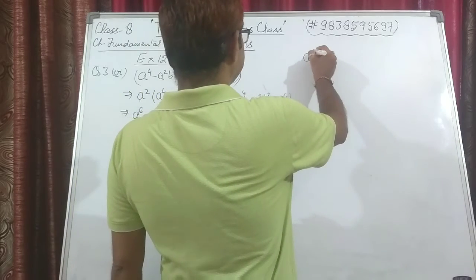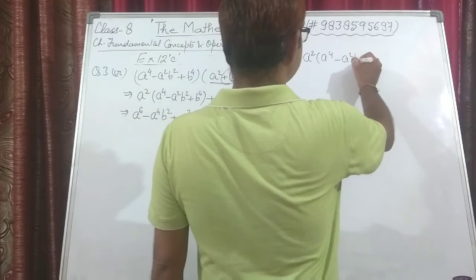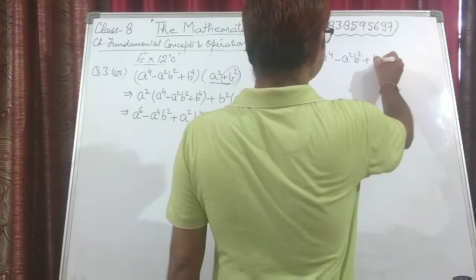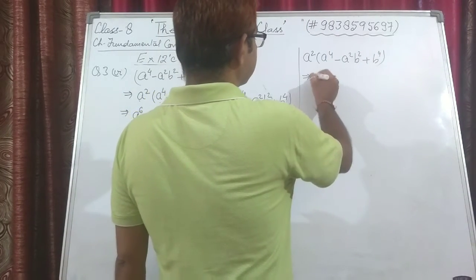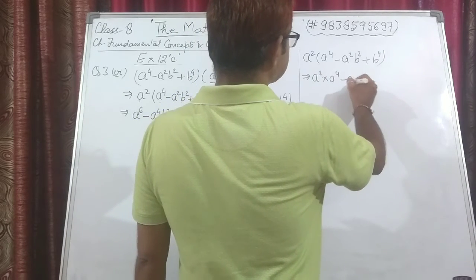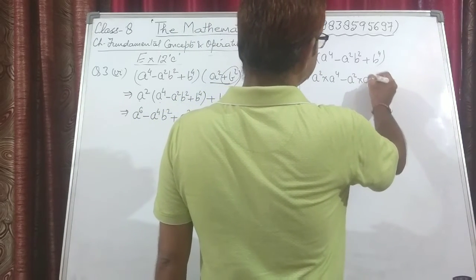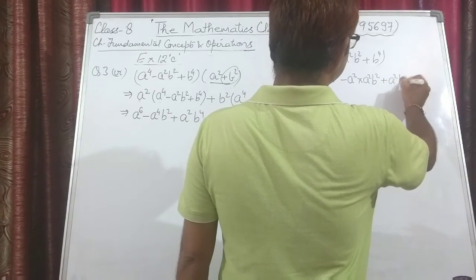Let's say a square into a to the power 4 minus a square b square plus b to the power 4. When you are solving this, it means a square into a to the power 4 minus a square into a square b square and then plus a square b to the power 4.